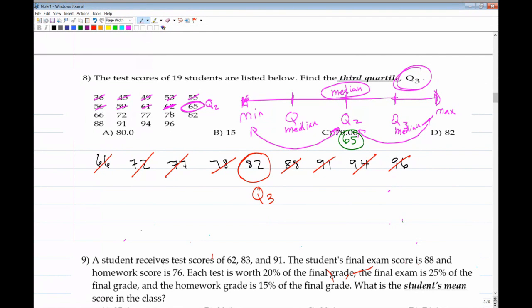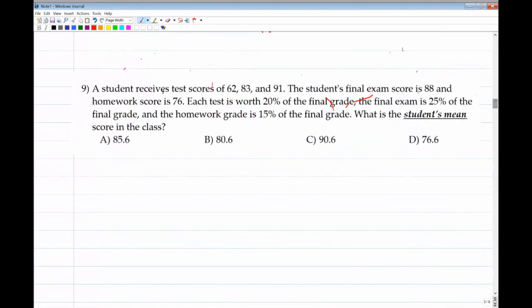Now, let's go to the next problem. You have test scores, the final exam, and the homework. Each test is worth 20%.